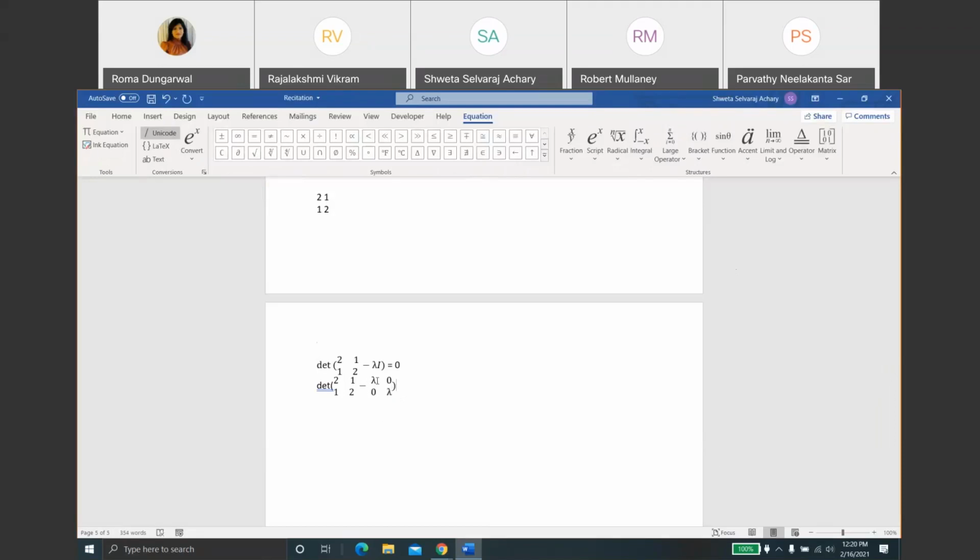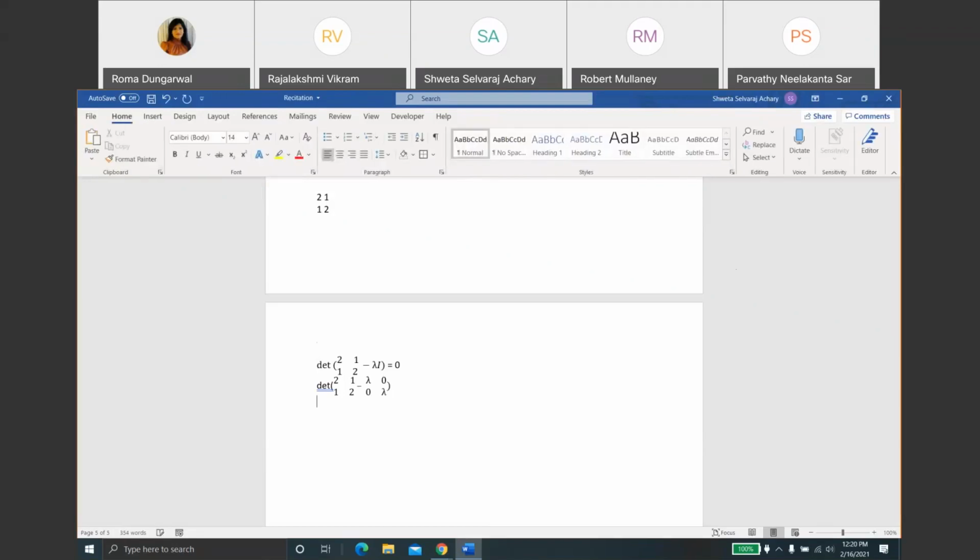Now, for the determinant of this entire thing, you will do element wise subtraction. This is your first matrix minus your second matrix.